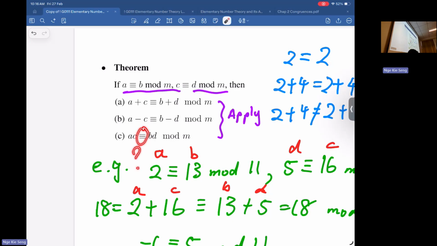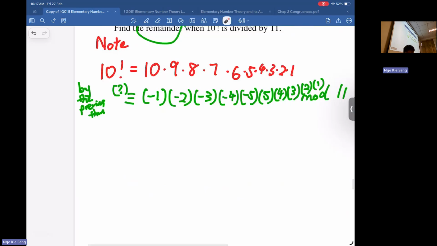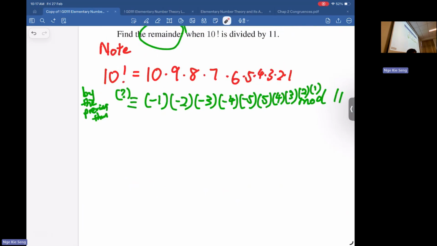So for this part C, as long as the individual terms are congruent mod M to each other, then the new product will be congruent mod M. So you can replace with the new terms, which is slightly easier to compute. They are paired up.